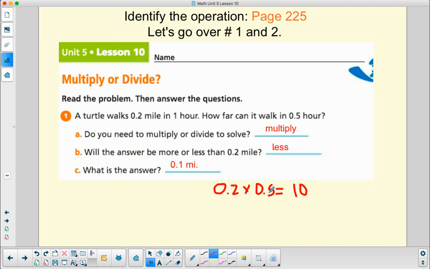And then I count my decimal places. 1 decimal place in this factor, 1 in this factor for 2 decimal places. 1, 2. Wow, that's 10 hundredths, which is equivalent to 1/10. It is 1/10 of a mile. It did get less when I multiplied. Crazy.